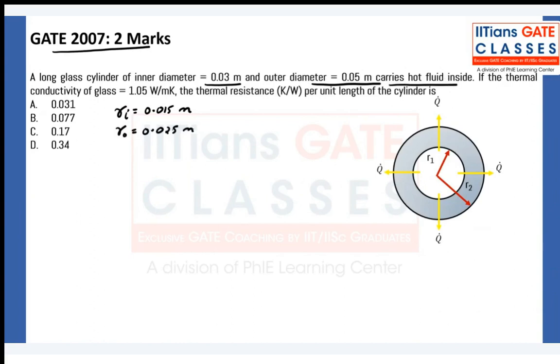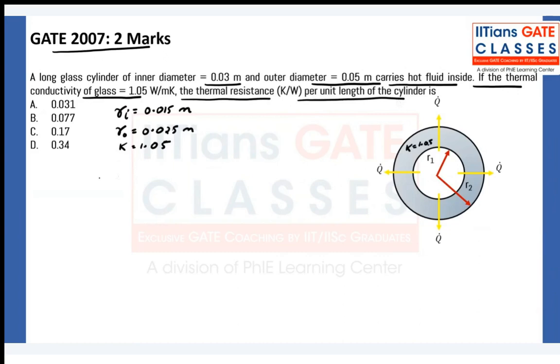If the thermal conductivity of glass is 1.05, so K is equal to 1.05, find the thermal resistance per unit length of the cylinder.